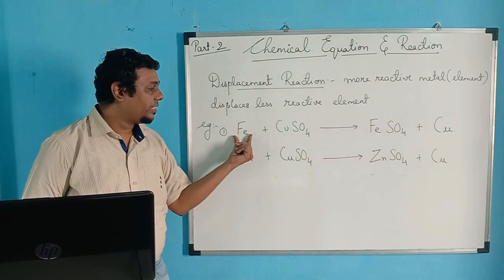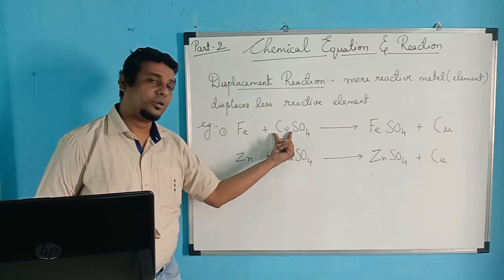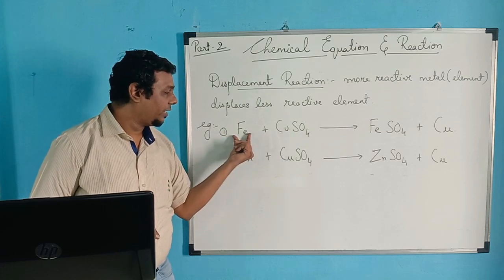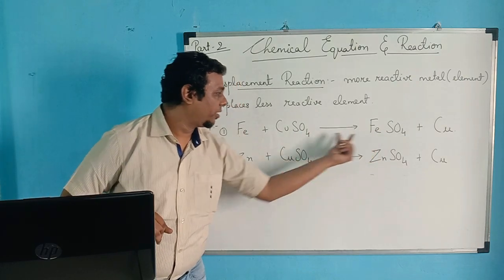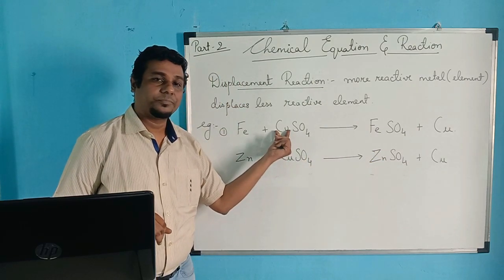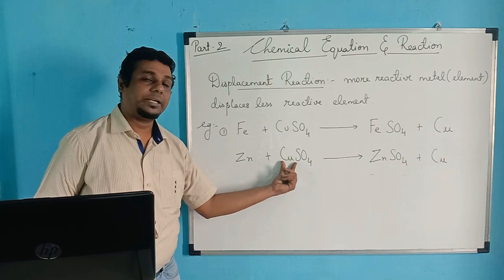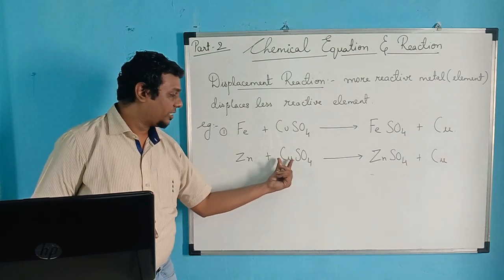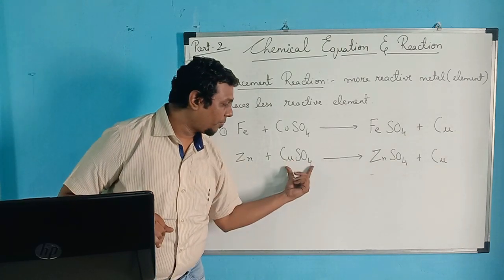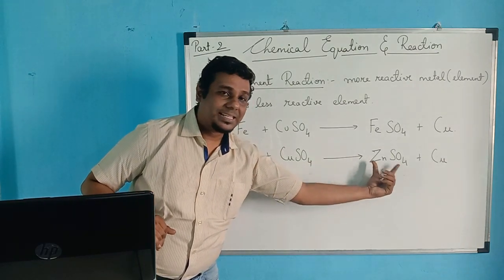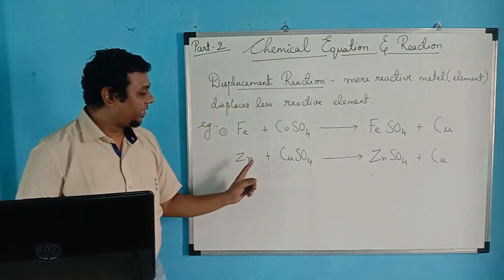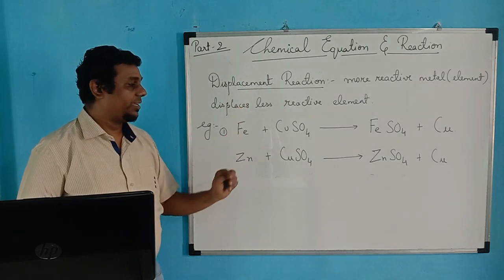That means iron is more reactive than copper. That's why iron displaces copper from copper sulfate. In the same manner, zinc is also more reactive than copper. It displaces copper from copper sulfate and becomes zinc sulfate. So this way, displacement takes place.